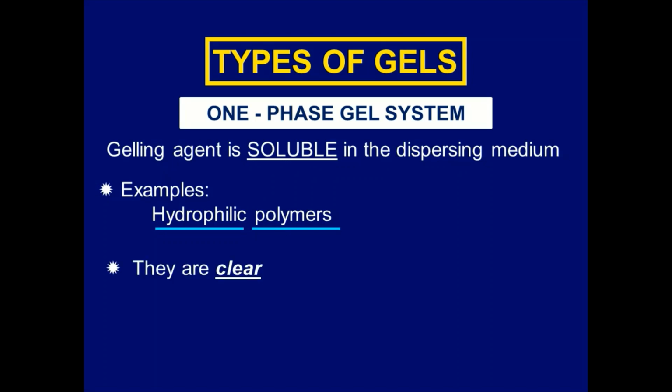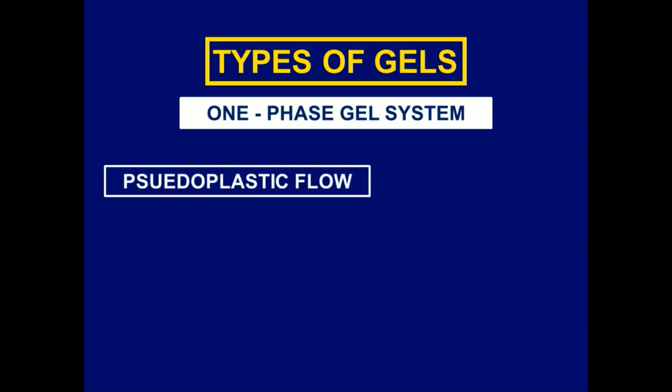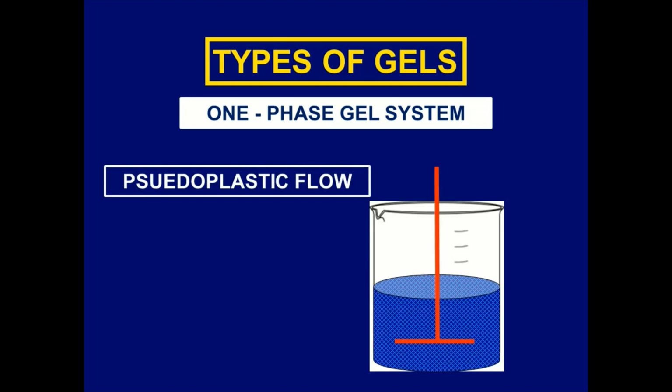Of course, one-phase gel systems are clear. They show pseudoplastic flow, and pseudoplastic flow is another type of shear thinning flow. In pseudoplastic flow, when shear is applied to our gel system with high viscosity, the viscosity of the system will decrease.